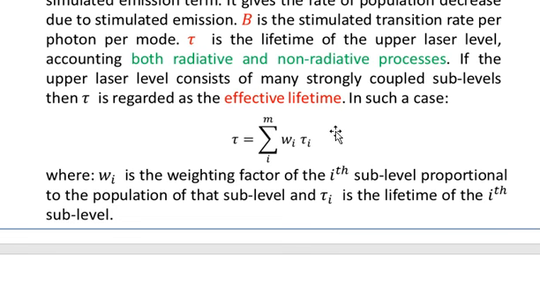Here we are assuming that there are m sublevels present in level number 3, the upper laser level. Wi is the weighting factor of the ith sublevel, proportional to the population of that sublevel, and tau i is the lifetime of the ith sublevel.